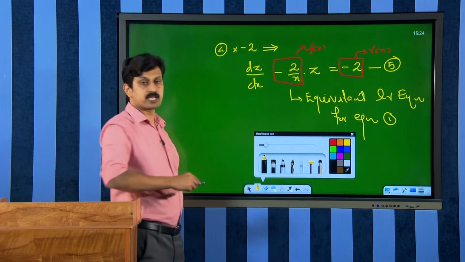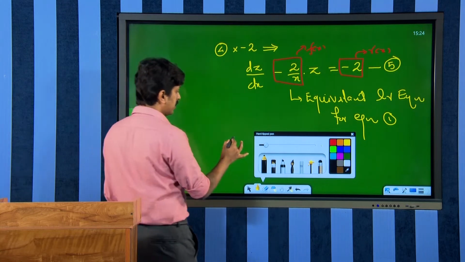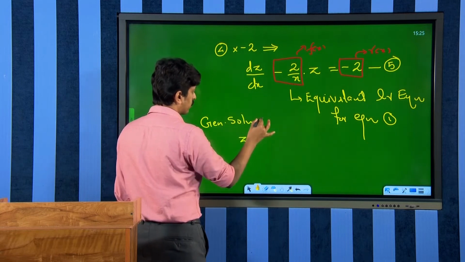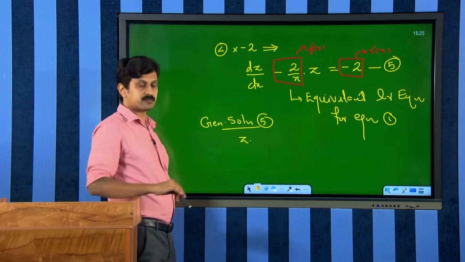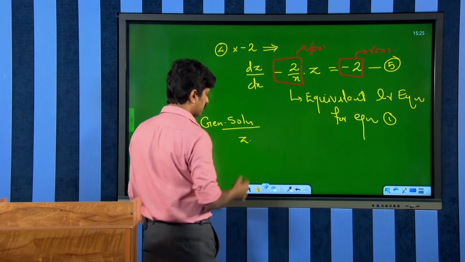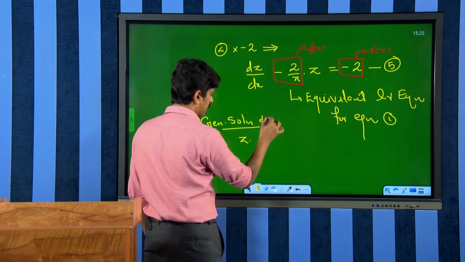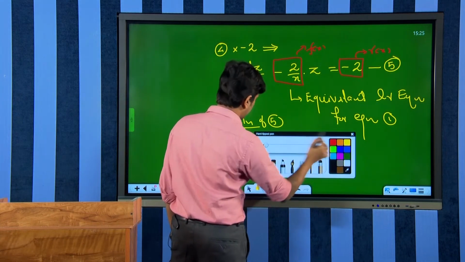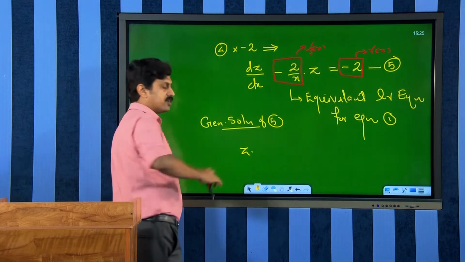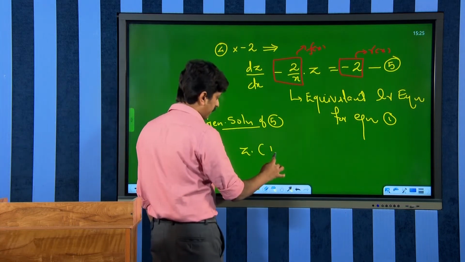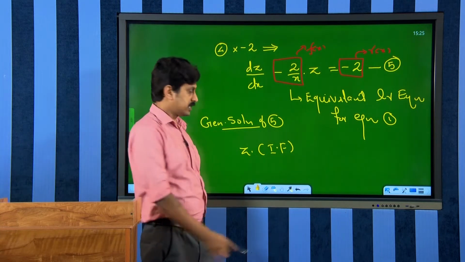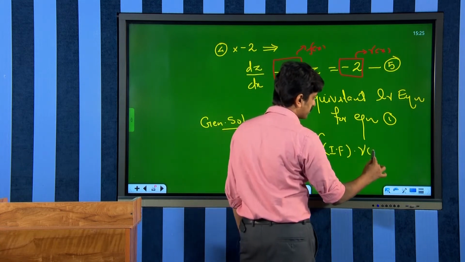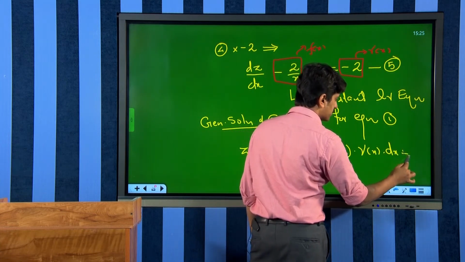See, my dear students, the general solution of 5 can be found by using the formula z into integrating factor is equal to integral of integrating factor into r of x dx plus the constant of integration.